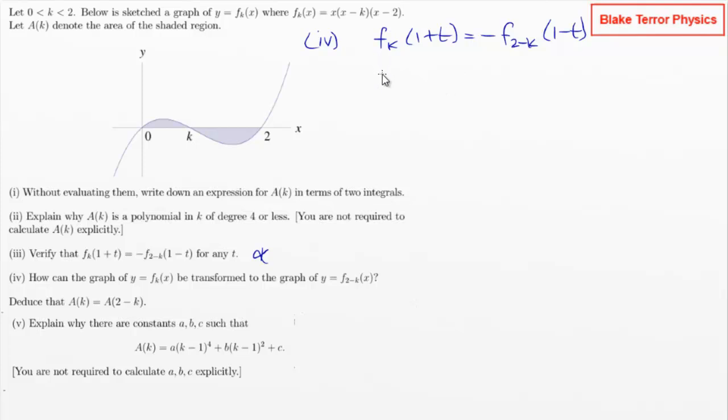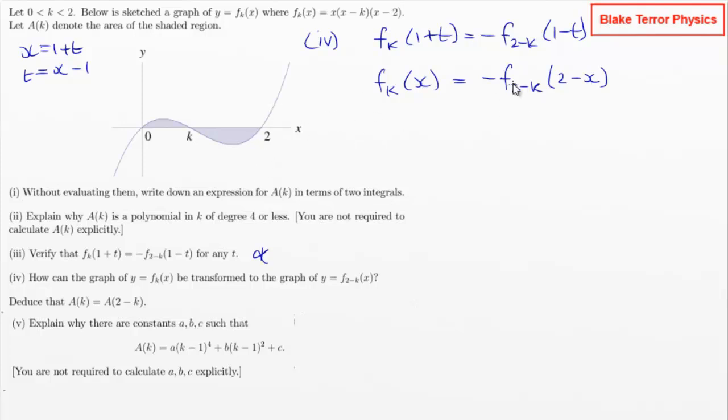So that means fk of x means that x is going to be 1 plus t. So this is going to be minus f2 minus k. So if x is 1 plus t, then t is x minus 1. So that's what we're putting in here. So we're getting 1 minus x minus minus 1, so we're getting 2 minus x.